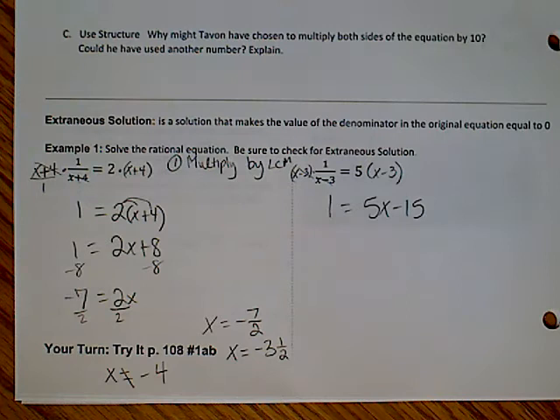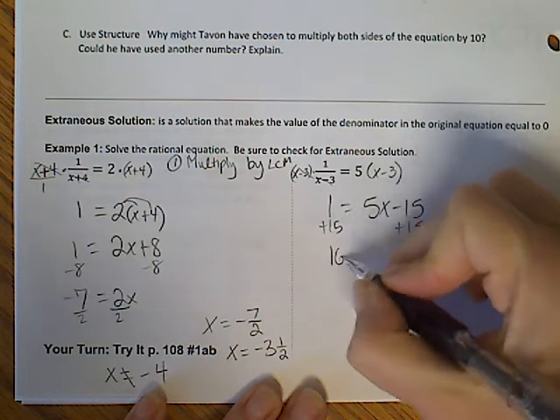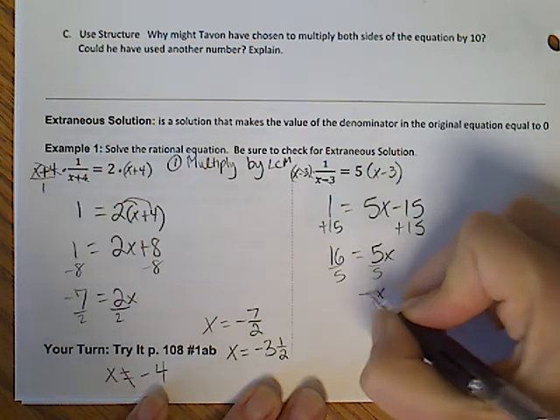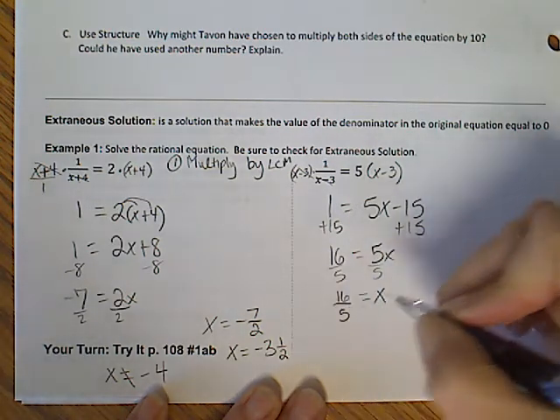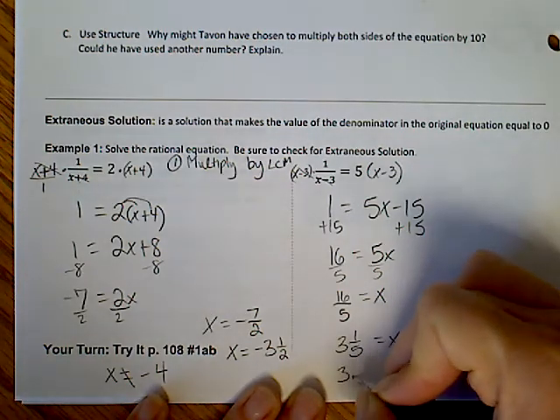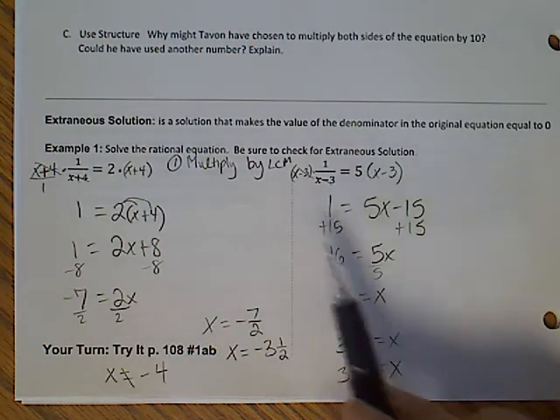And obviously, this is just an easy two-step equation now. My answer is not going to be a whole number. 16/5, or also I could say 3 1/5, or 3.2. These are all the same answers, right? Are you good? So this isn't too difficult. Big picture here: multiply by the common denominator.